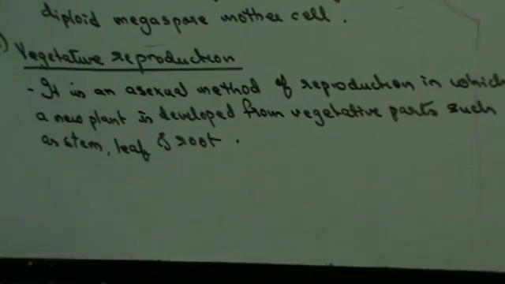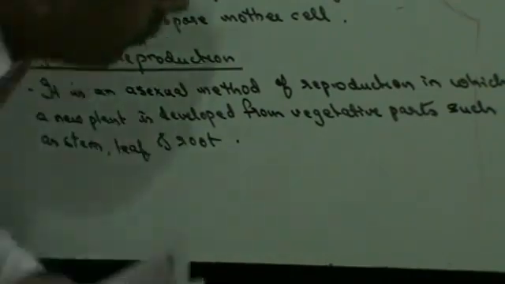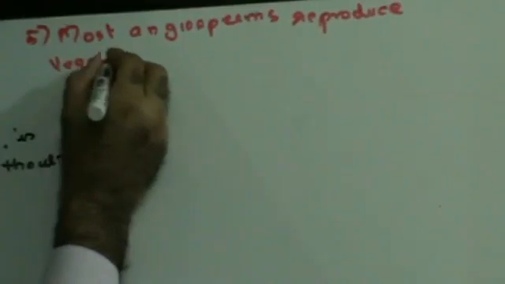Now, most of the angiosperms reproduce vegetatively. Give reason.